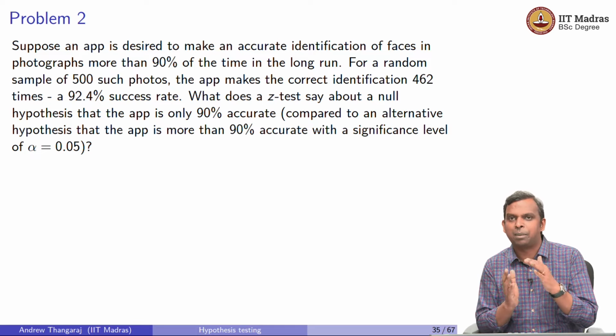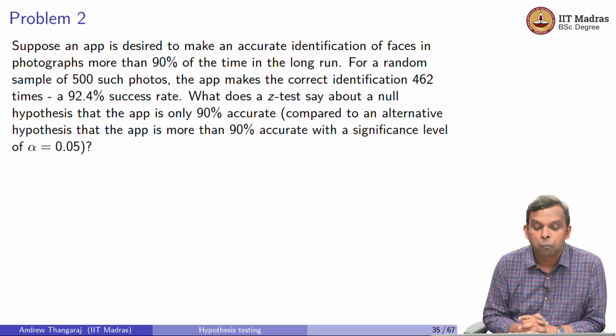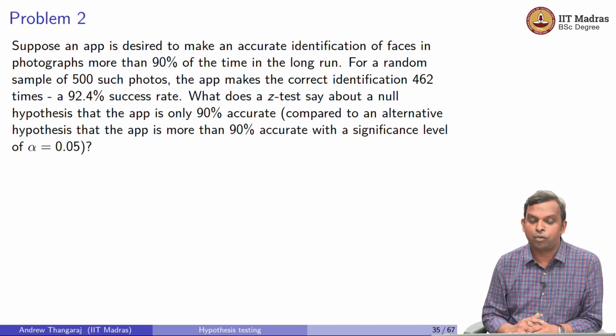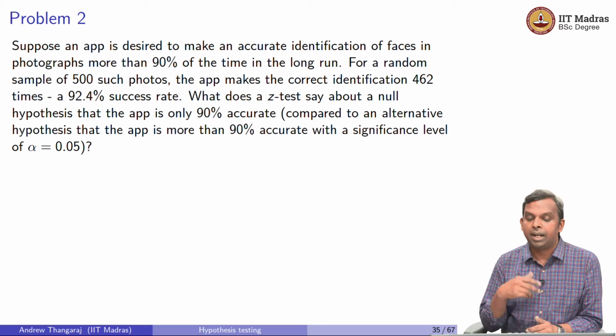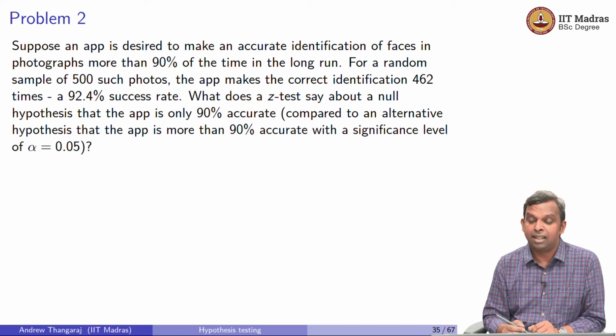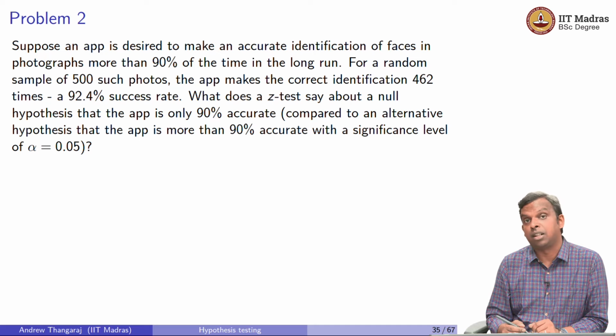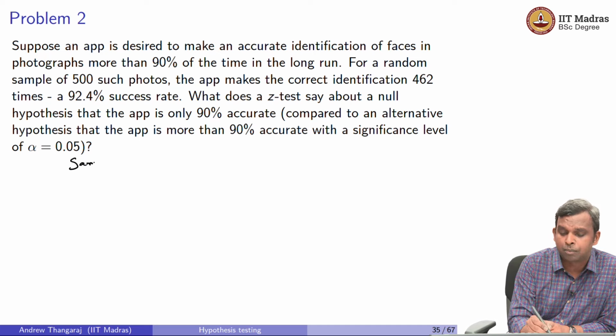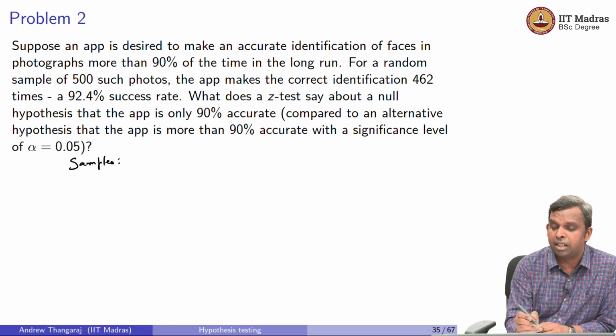So that's a Bernoulli p distribution that you have, and you have 500 such photos. The app correctly makes identification for 462. Okay, and you want to do a z-test for the null hypothesis that the mean is 0.9, against whether it's greater than 0.9 at significance 0.05. So the distribution is slightly different. Let's first write down the samples. Sometimes if the samples are not clear, you need to write them down. X1 to X500.